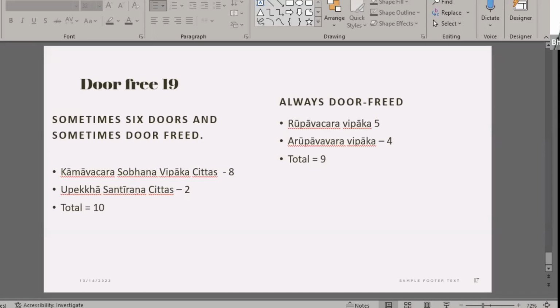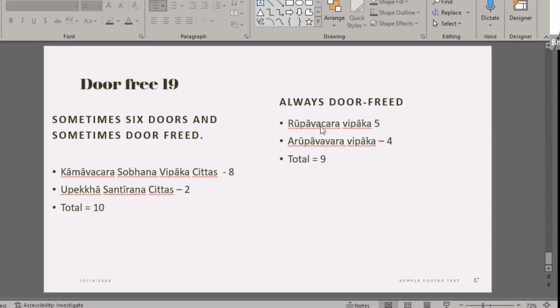These 19 cittas perform Patisandhi, Bhavanga, Chuti functions. There are some specific functions for some cittas, but generally we say these 19 cittas are door-free, though not always all the cittas. Rupavachara Vipaka and Arupavachara Vipaka are always door-free. Why? Please pay attention to the functions again.